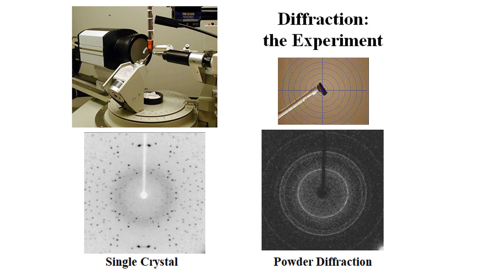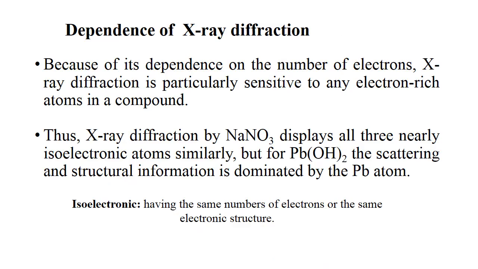On the top left side is the diffractometer, which is used to obtain the diffraction pattern. Diffraction may be single crystal X-ray diffraction or a powder diffraction pattern, and inshallah we will discuss it in detail.